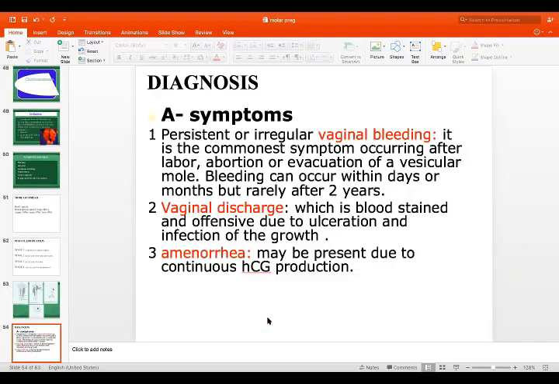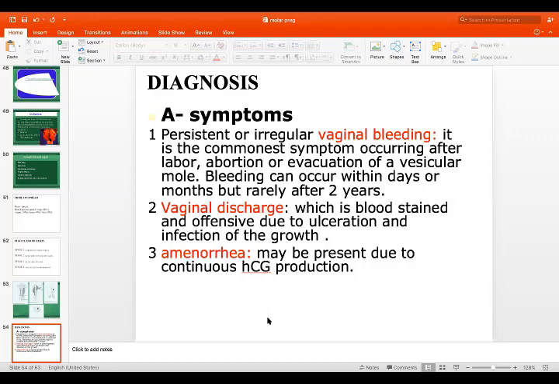How to diagnose choriocarcinoma? Usually with the symptoms, the patient presents with signs, local examination and investigations. So the main symptom is persistent irregular vaginal bleeding.